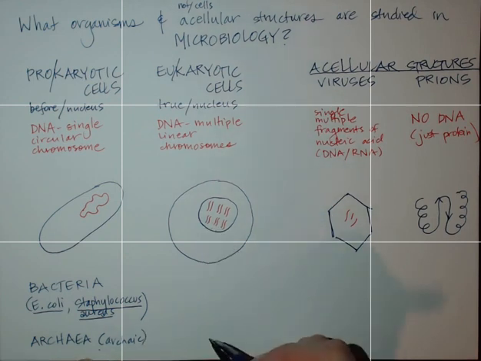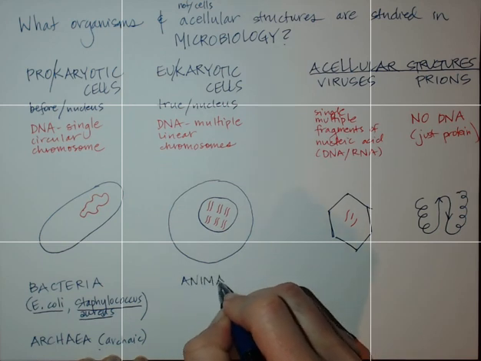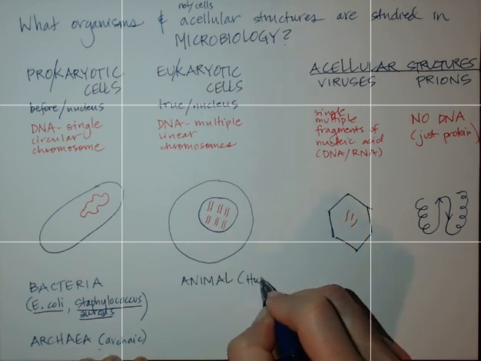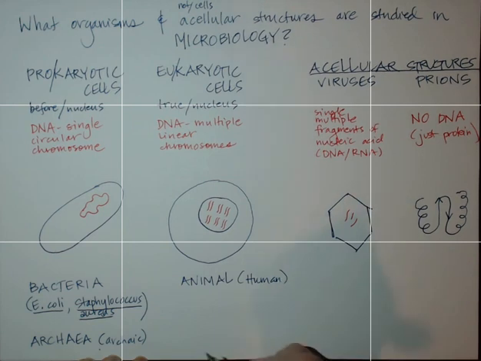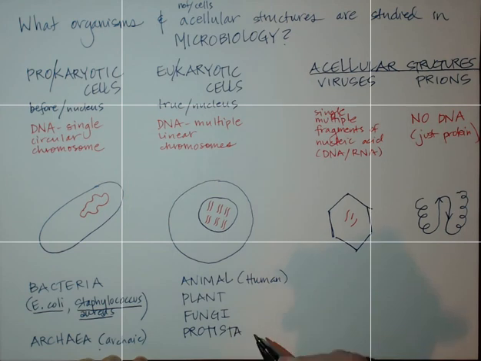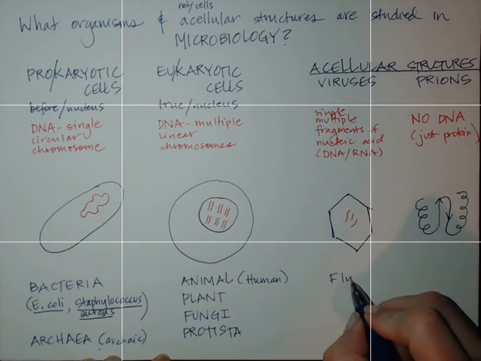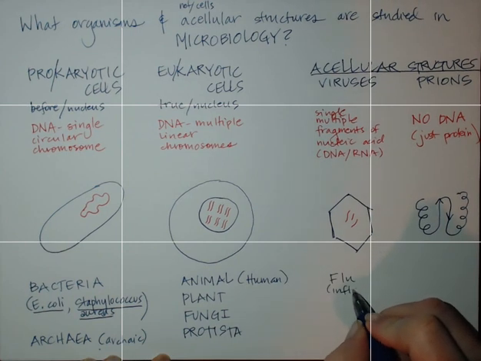Eukaryotic cell examples would be animal cells, such as us humans, but also plant cells, fungal cells, and protistans. And viruses, most common now would be flu or influenza.